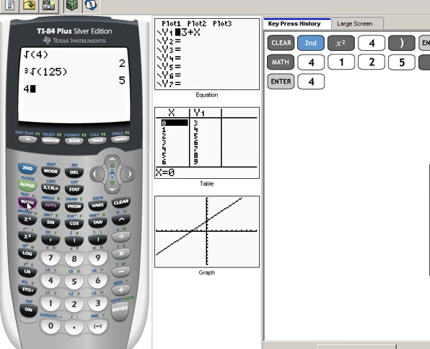Then we select the math button again. And do you see down here at number 5 it has an X root? This means it's any root. So we're going to choose number 5. Now your calculator understands that we're doing the fourth root of something. And we want to tell it to do the fourth root of 256. Now, it did not open up a parenthesis, so we don't have to close one out. And when we hit enter, we see that the answer is 4.